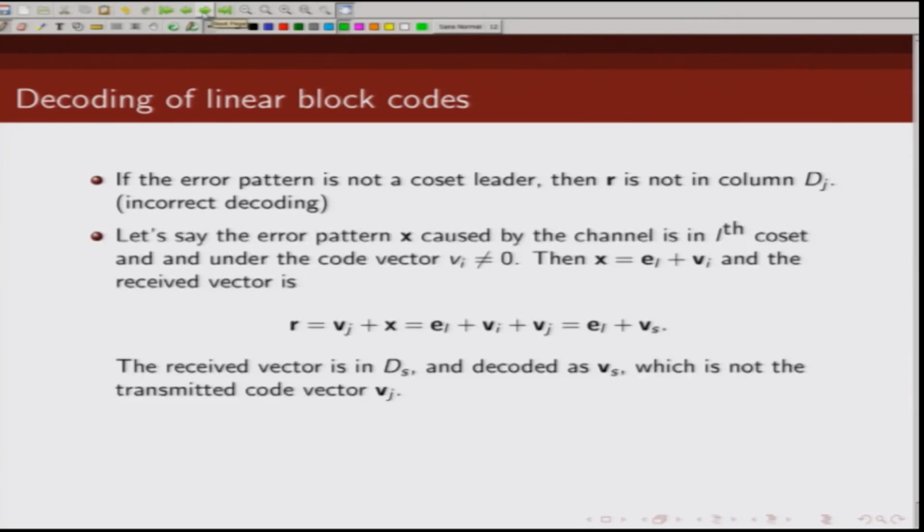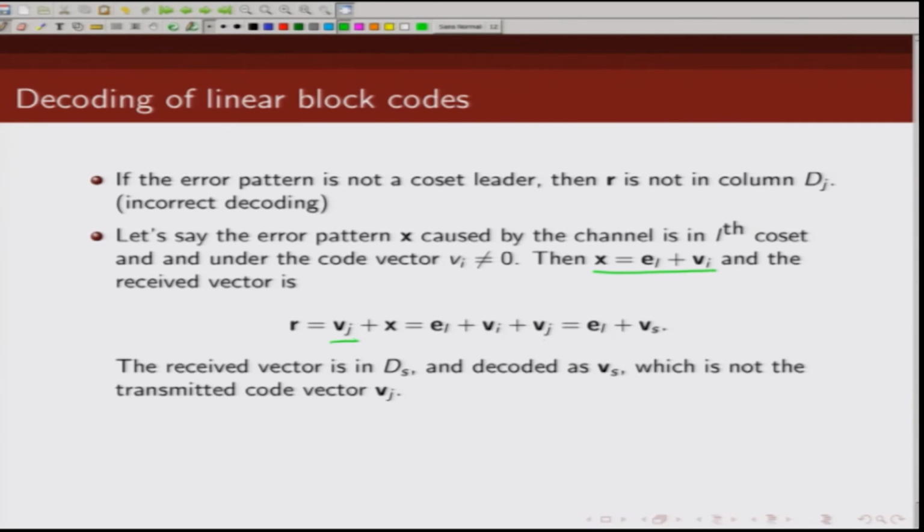So, let us look at an error pattern X caused by the channel, and it is in the lth coset. We write this error pattern as EL plus Vi. If we are transmitting code word Vj and we encounter this error pattern, what we would receive is Vj plus X, which is nothing but EL plus Vi plus Vj.